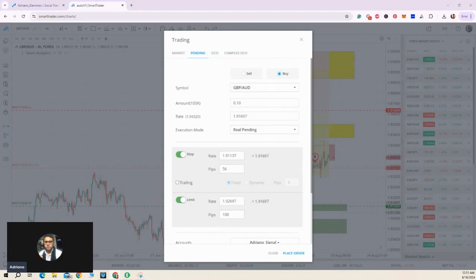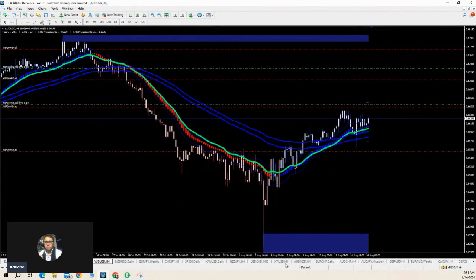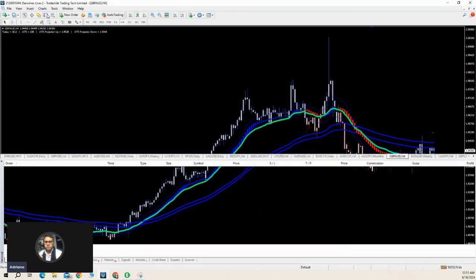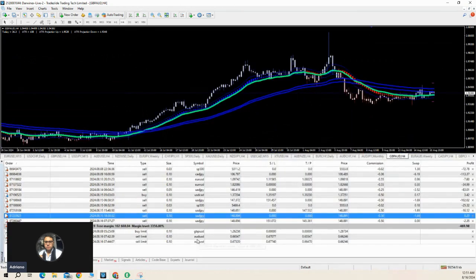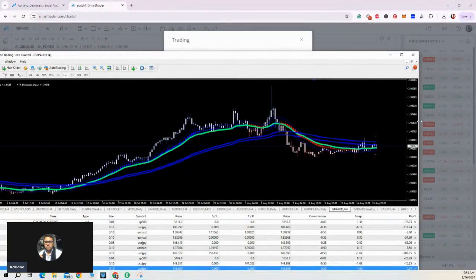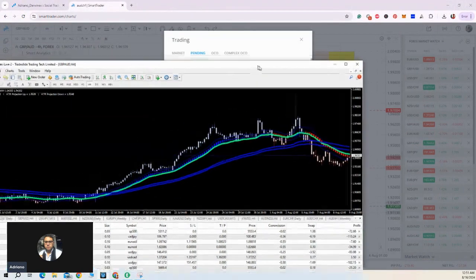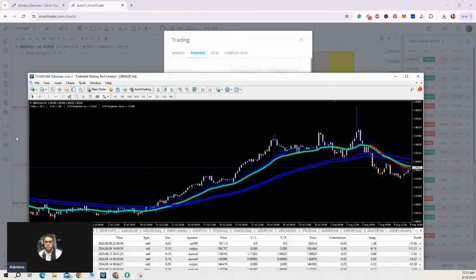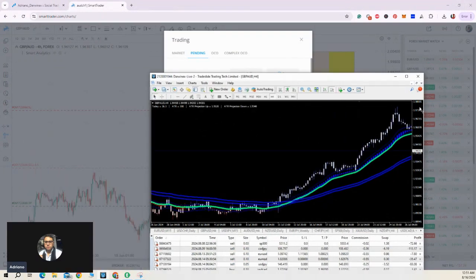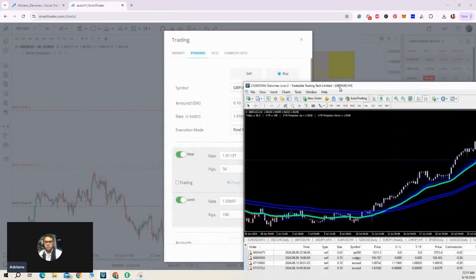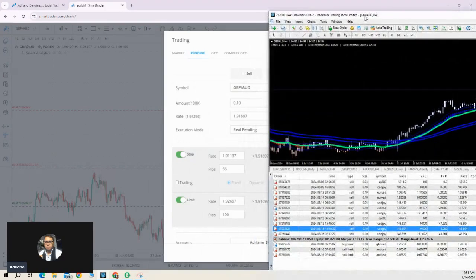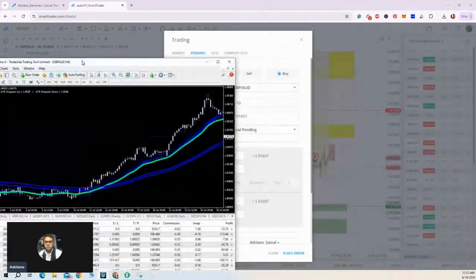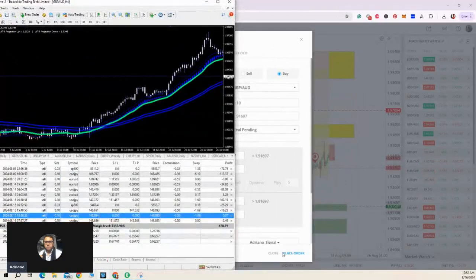And then I'm gonna show you this, GBP AUD. So here you're gonna see, as soon as I place this trade, it's gonna pop up here. Just a moment. So let's place this.